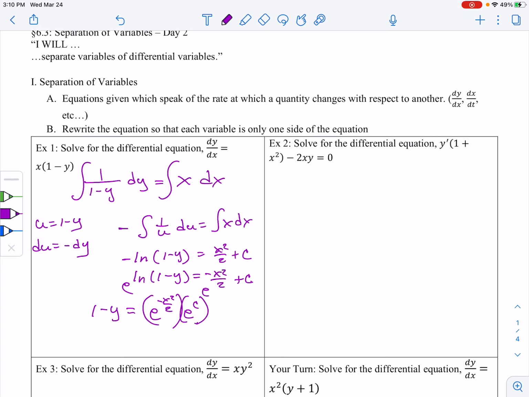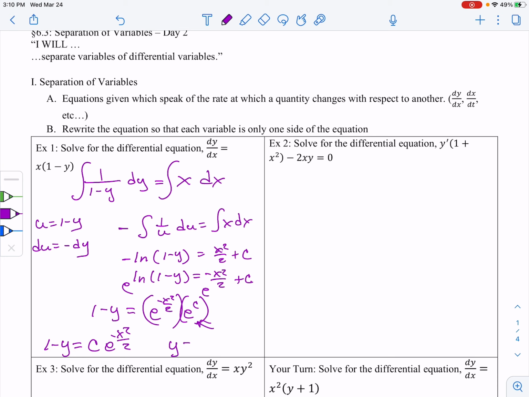Well, e to the c, this is just a constant. So I can wrap it to the front. So I have 1 minus y equals c e to the negative x squared over 2. And now you are going to move the 1 over and multiply by a negative.